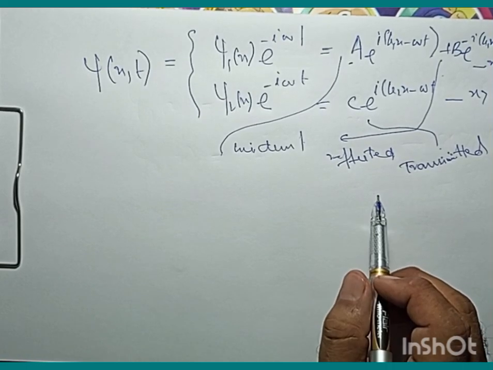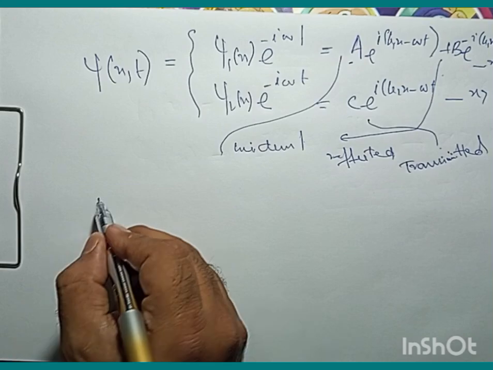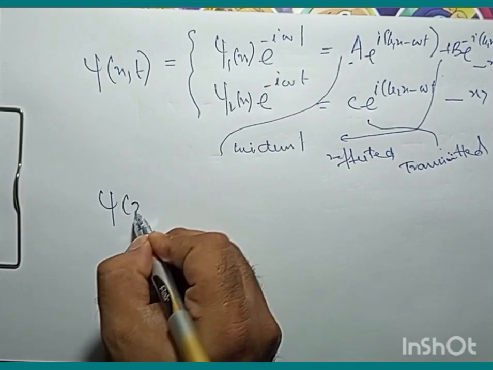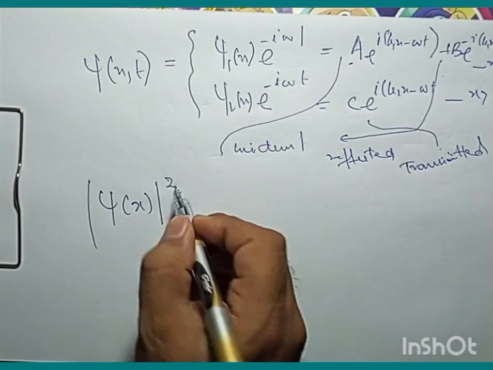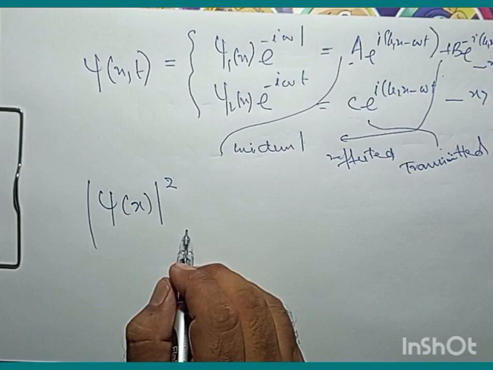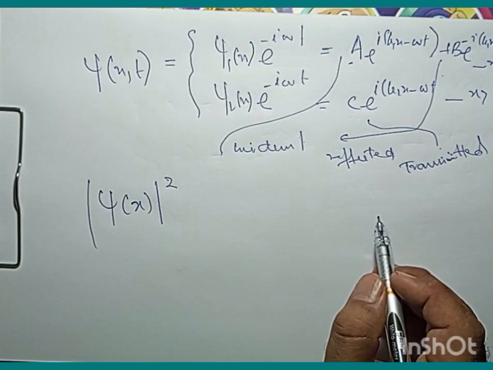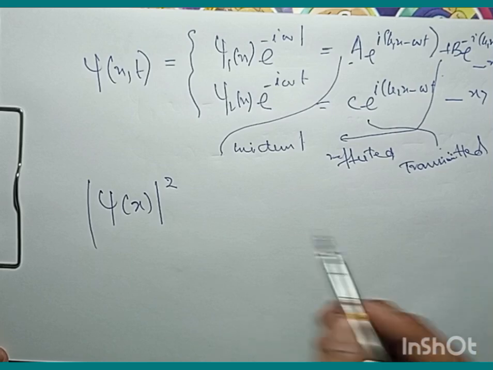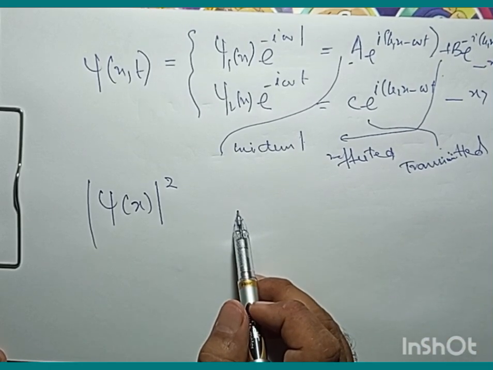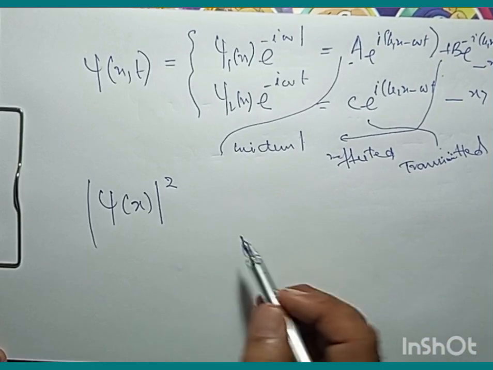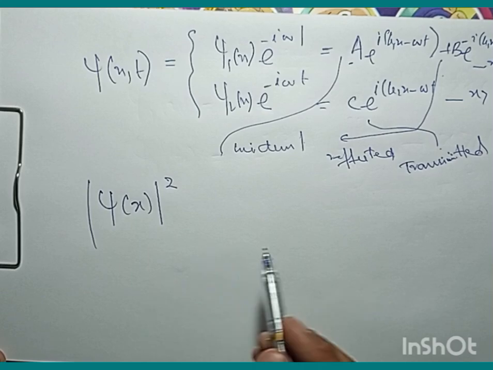We can note down from here the probability density, if we look for psi of x whole square, in the left region. If we plot this probability density, we have a situation here.